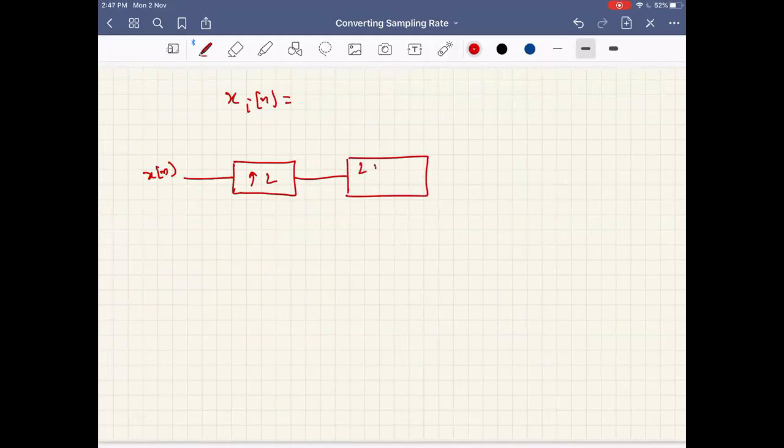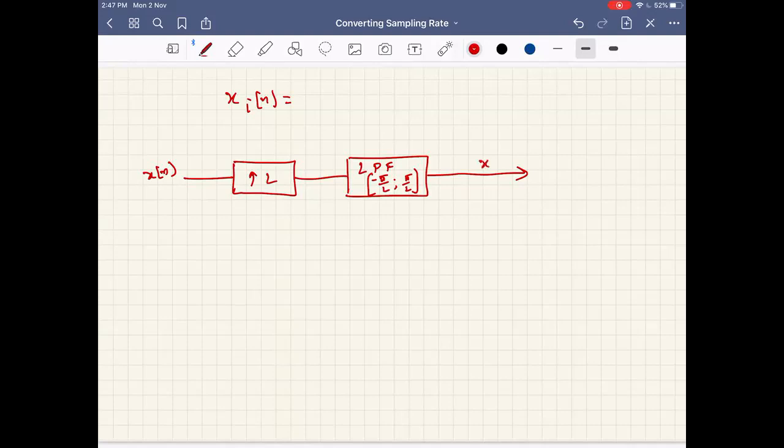You should apply the low pass filter to keep only those frequency components that are there in the original signal, and remove the rest of the frequency components that come because of upsampling or expansion, right? And this is a compressed spectrum, but it has spectral content exactly similar to the original spectrum, X of e power j omega, of x of n, right?